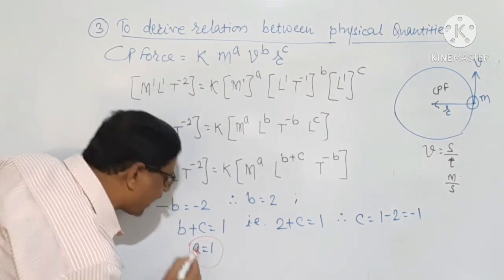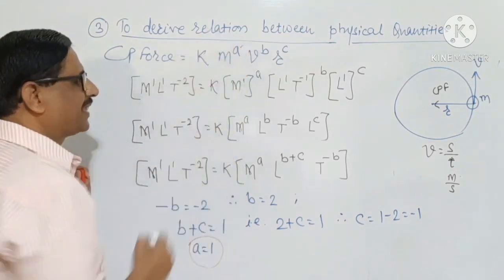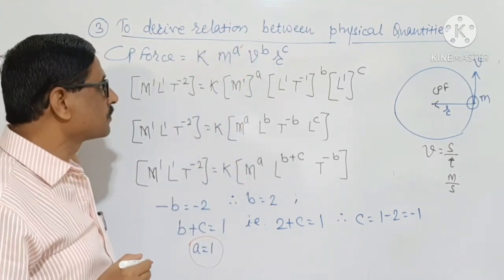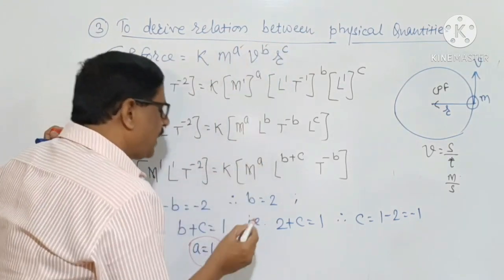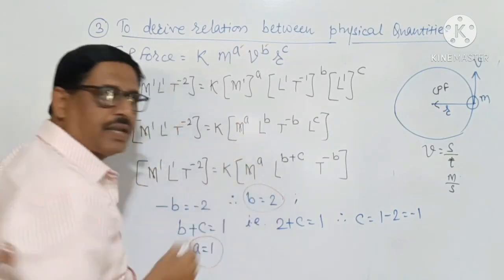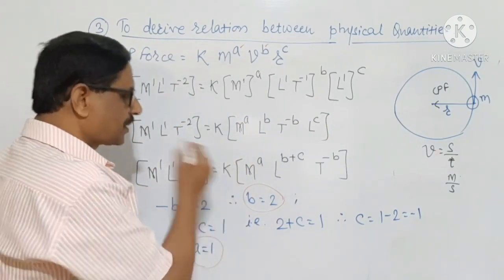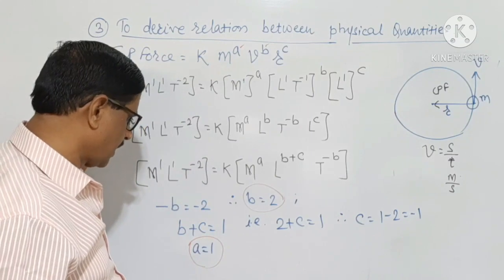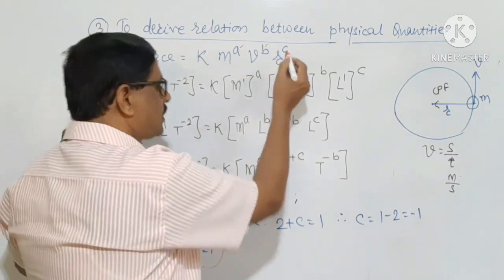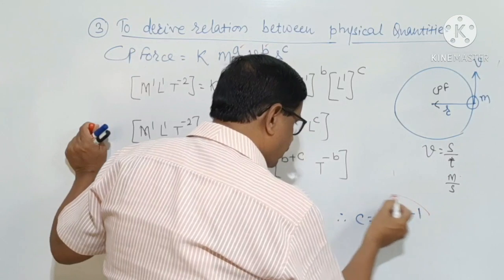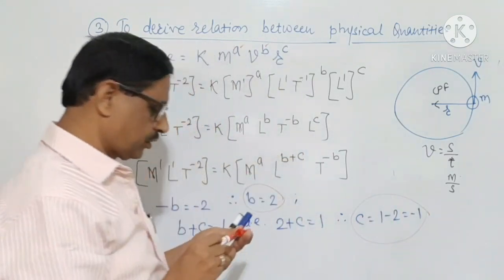This is a equal to 1. What next is b? b equal to 2. This is the other thing that I got. And c is equal to minus 1. This is the third thing that I got.